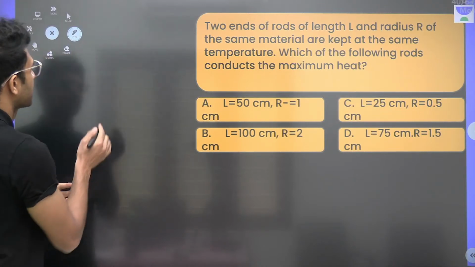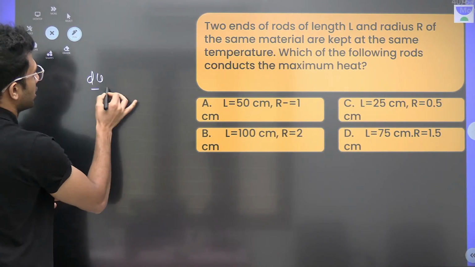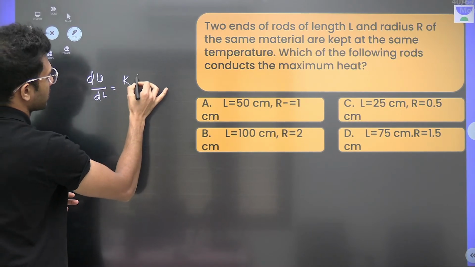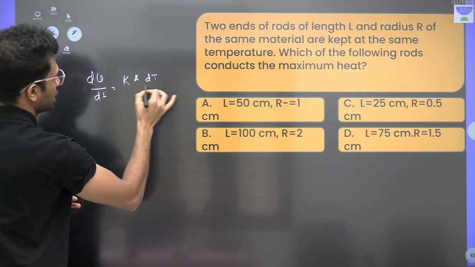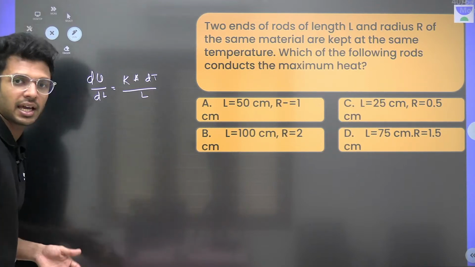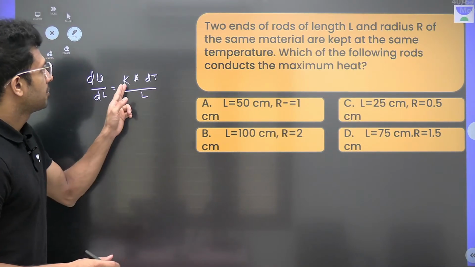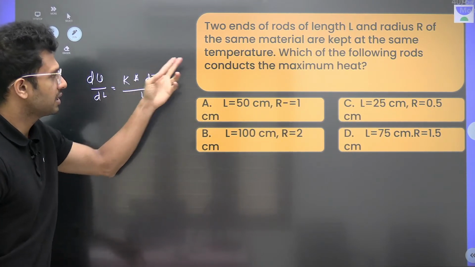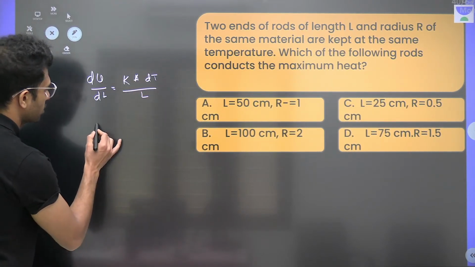What is the formula? Tell me. The amount of heat energy that can be conducted through a material is K A change in temperature divided by L, right? Material same है for all the 4. So K same, change in temperature is same here.